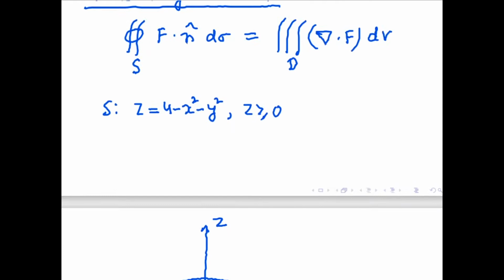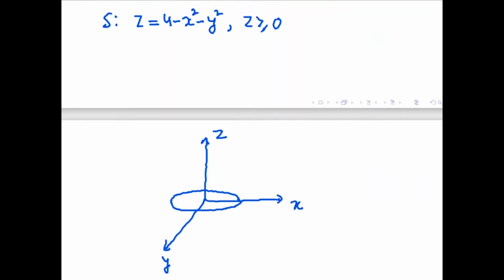And when z equal to 4, then x square plus y square will come 0. So when z is 0, that gives the circle with center 0 comma 0 and radius 2, and once z goes to 4, that circle will become a point. So the picture will come something like this. These are all circles, and slowly the circle will reduce, and this is the surface. You can visualize the surface as the surface of this cone.